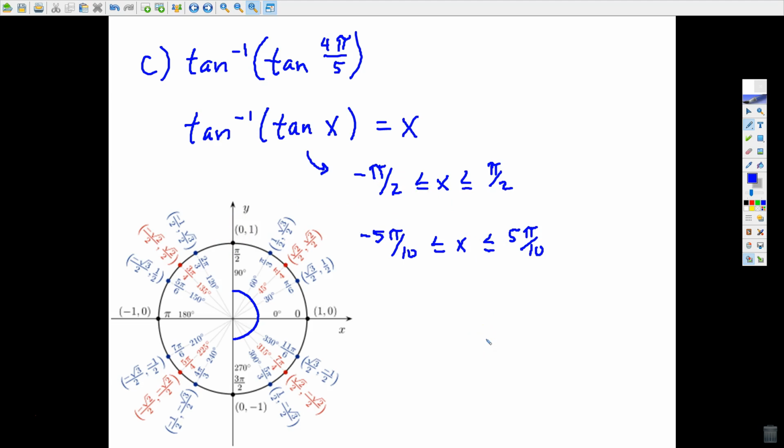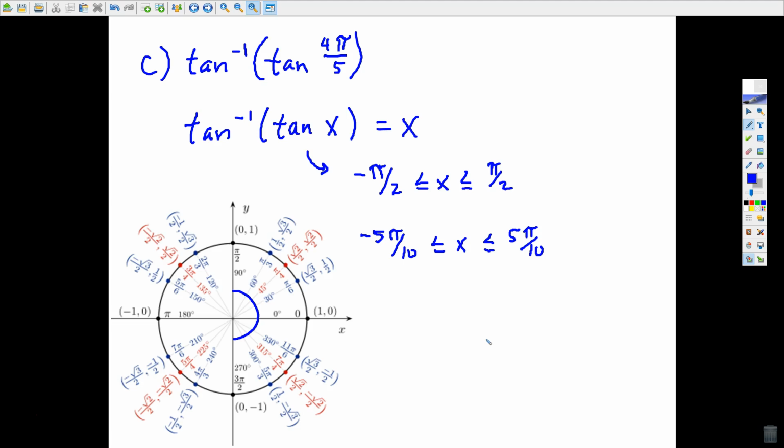If you're not really sure, what I've done here is I made it in denominators of 10, and let's do the same thing for 4 pi over 5. If I made this a denominator of 10, it would be 8 pi over 10. Now, if you put it in consistent denominators, does 8 pi over 10 fall in this area? No. 8 is not between negative 5 and positive 5.